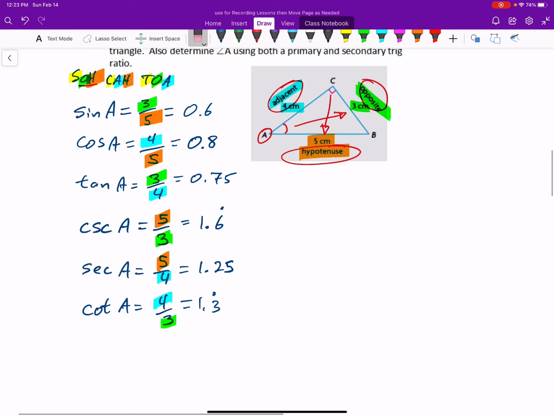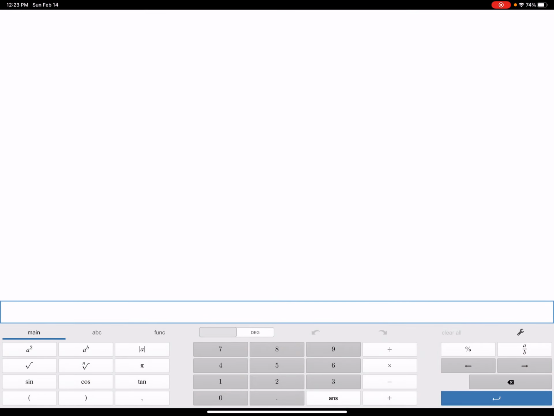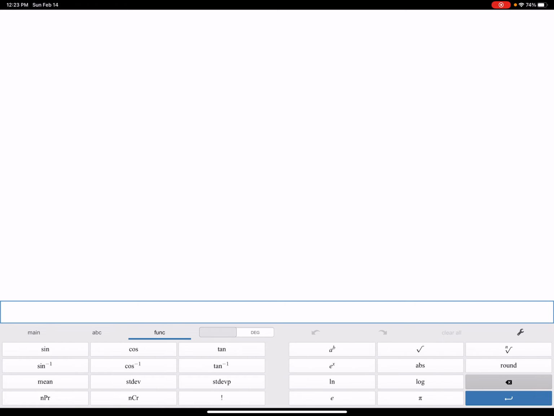So say I picked sine. If I was to try and find out what angle A is, I could do the inverse sine. So sine to the power of -1 of 0.6 is going to equal angle A. On my calculator, I don't have to do second function on this iPad calculator.